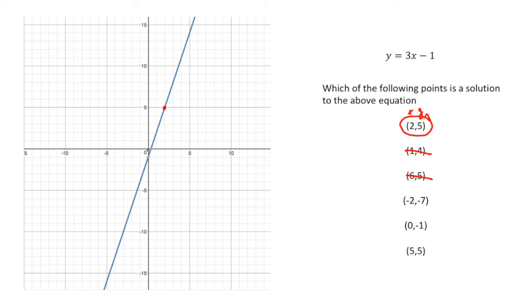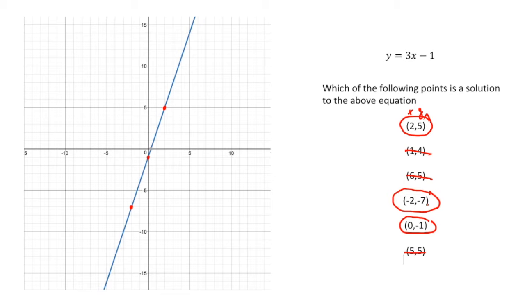If I go to the left 2 and then down 7, look at that, we're on the graph. So this one is a solution. 0, negative 1. Right there, we're on the graph, so this one is a solution. And last but not least, 5 and 5. If I go right 5 and up 5, we're not on the graph. So this one is not a solution.